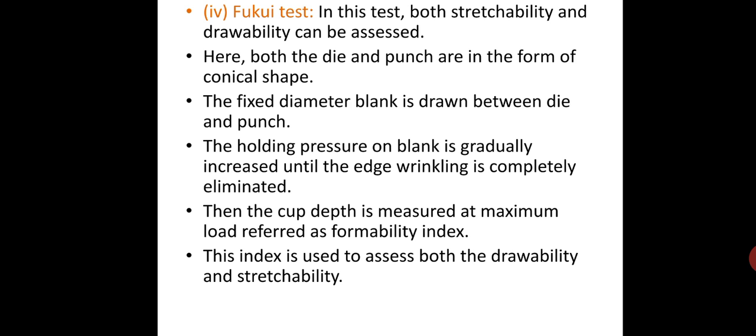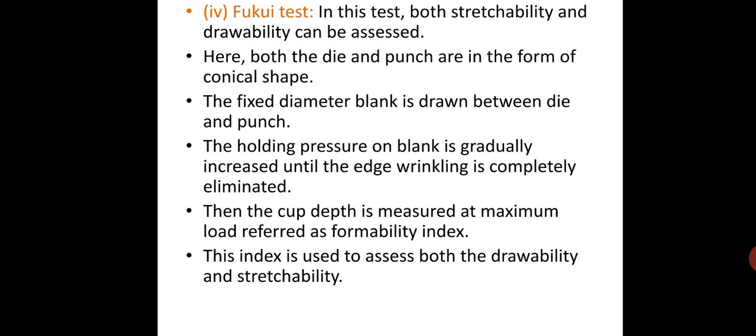This is the Fukui test. This test is mainly to find out the stretchability and the drawability condition of the sheet metal. Here are given the punch, die and blank conditions. The punch is pressed against the blank into the die opening.